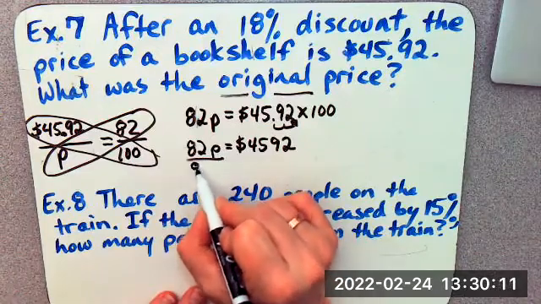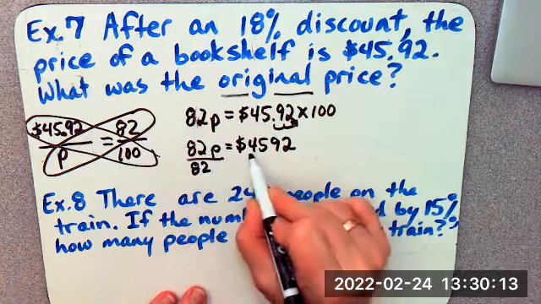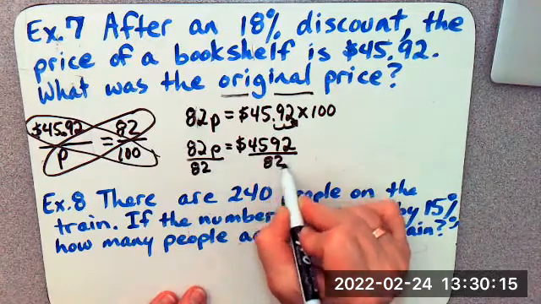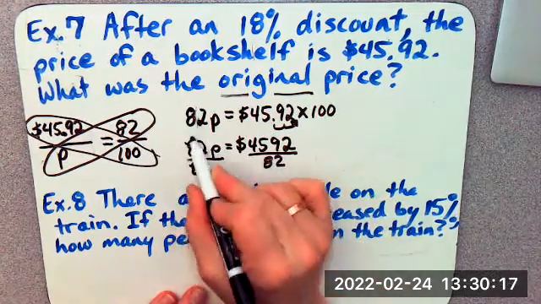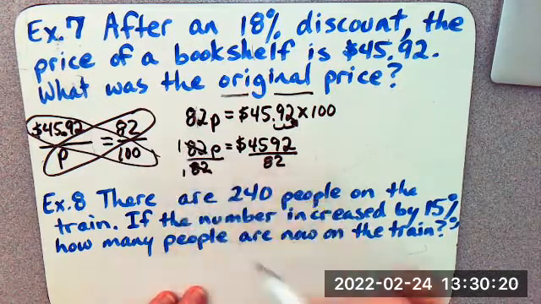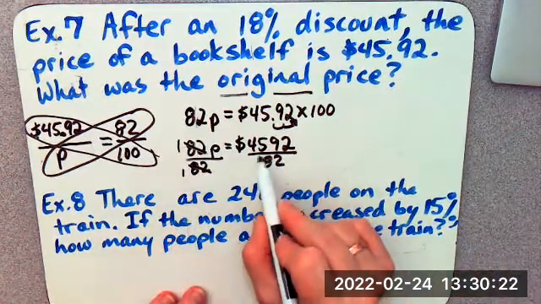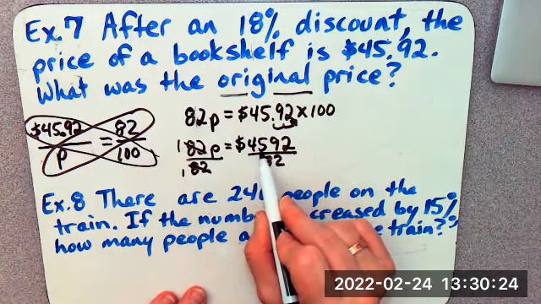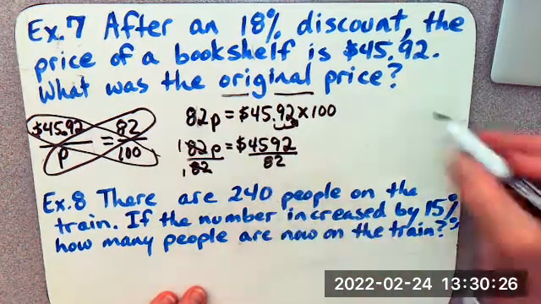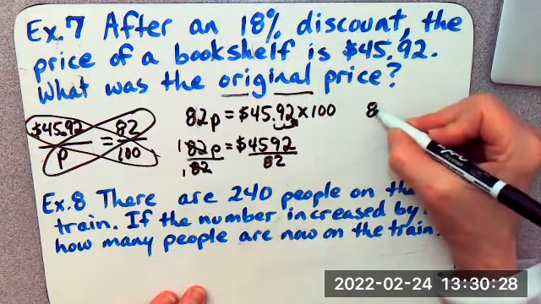So if I divide by 82, since it's multiplying there, that cancels it because 82 divided by 82 is just 1. So now all I have to do is divide 4,592 by 82. So we can do that.